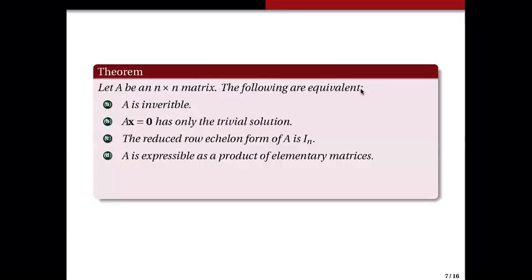So now we have these equivalent statements from the last lecture. A is invertible if and only if AX equals 0 has only the trivial solution, if and only if the reduced row echelon form of A is the identity matrix, if and only if A is expressible as a product of elementary matrices.